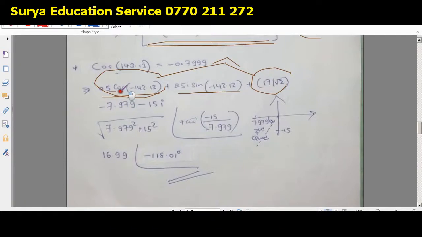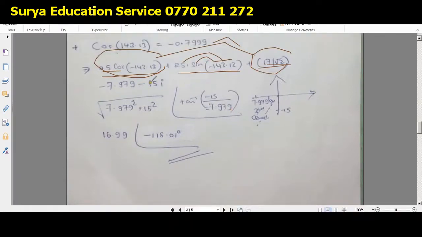This and this will give a total value of minus 7.979, right? So summing this with that will give you minus 7.979. The minus 59 is coming from this, because you just find the sine of this angle, then multiply it by this, which will give you minus 15i. Okay, so that is done.